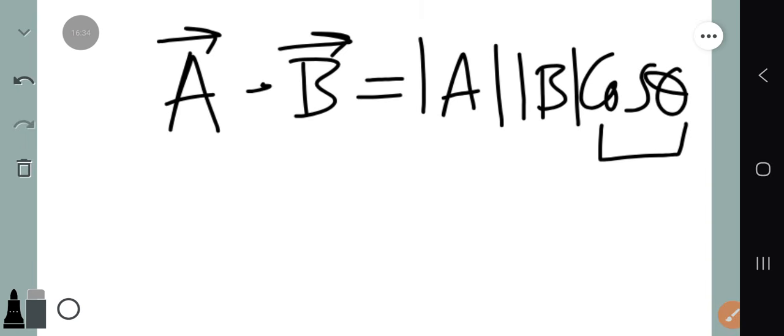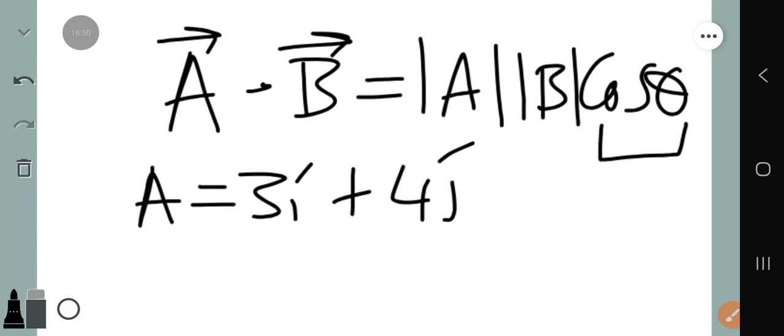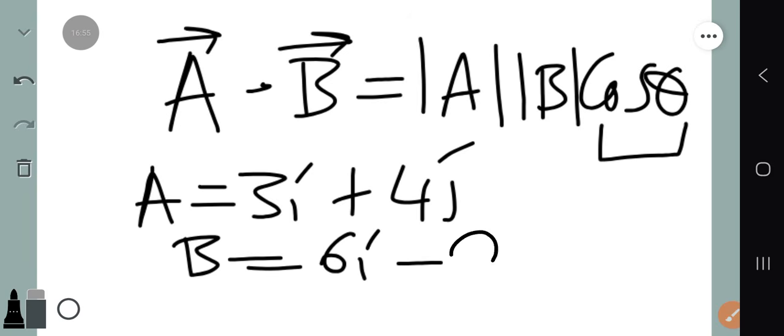So sometimes they ask you to find the angle between vector A and vector B. So let's say vector A is 3i plus 4j, and vector B is 6i minus 2j. Now the question is, find the angle between A and B.